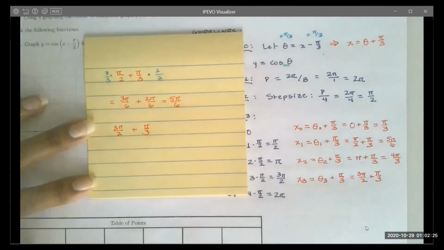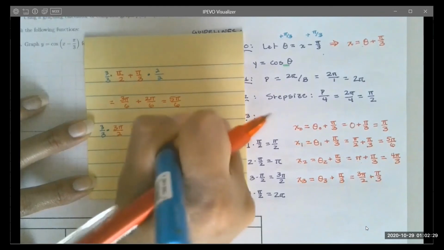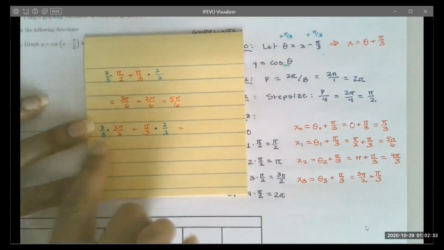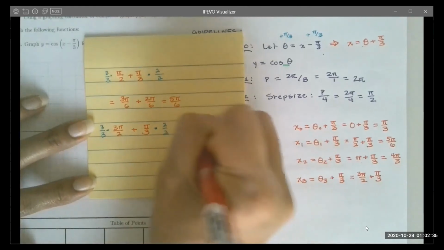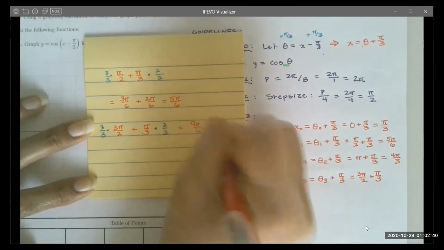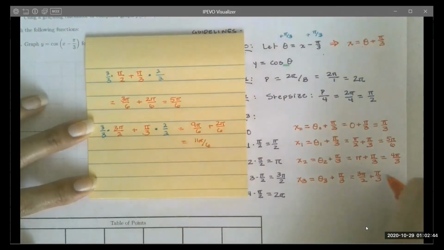That means multiply the first fraction by 3 over 3 and the second by 2 over 2. We're going to have 9 pi over 6 plus 2 pi over 6, which is 11 pi over 6.